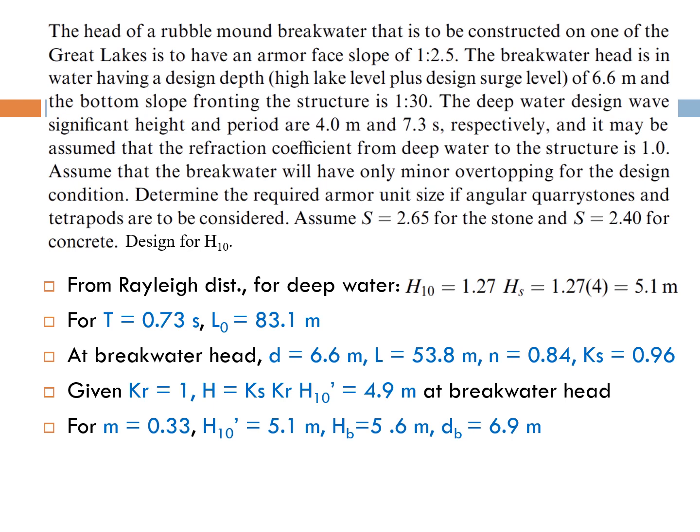The deep water design wave significant height and period are 4 meter and 7.3 seconds respectively, and it may be assumed that the refraction coefficient from deep water to the structure is 1. That means there's no refraction.